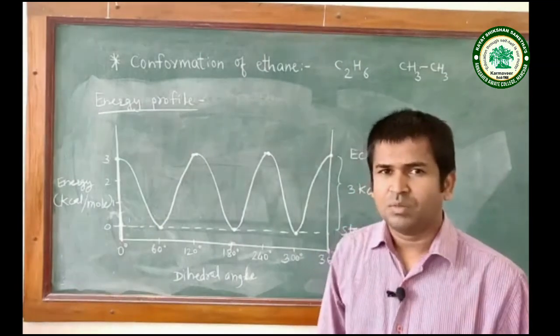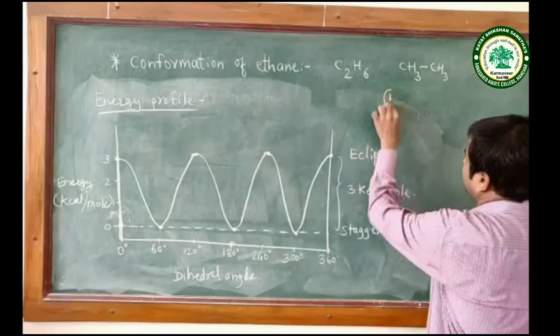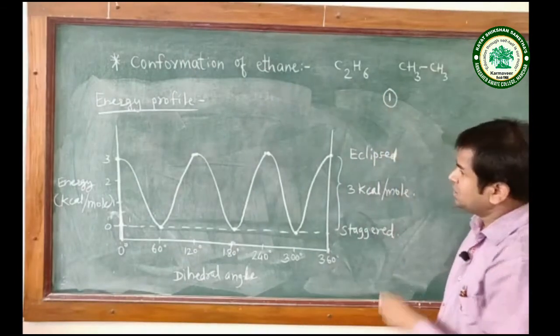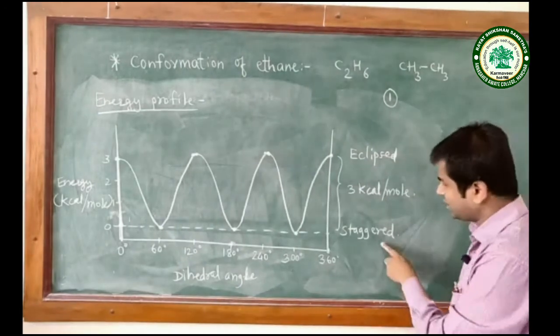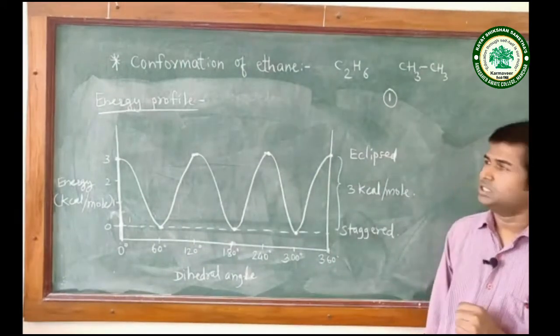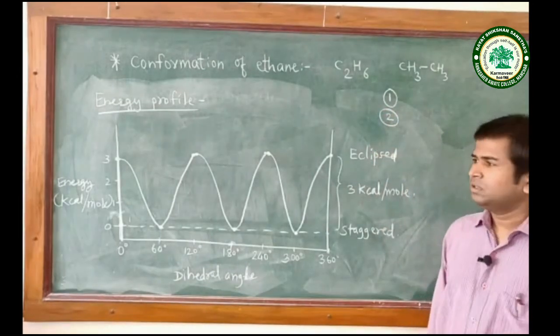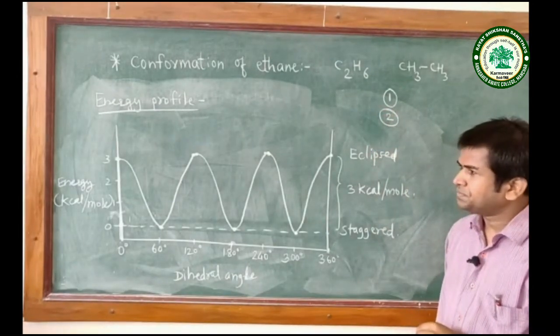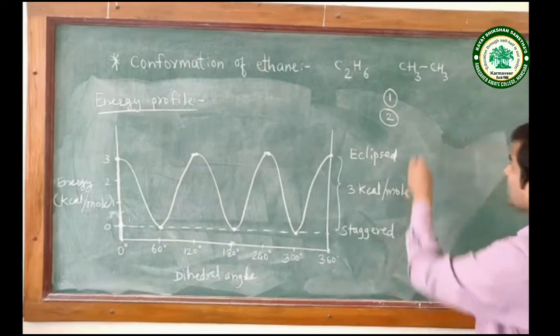The observations from graph are, the first observation is the eclipse conformation is having higher energy while the staggered conformation is having lower energy. Second observation is that at room temperature the kinetic energy of the molecule is very high.